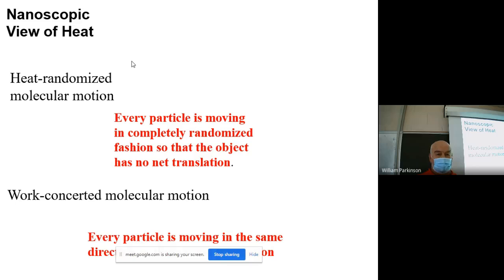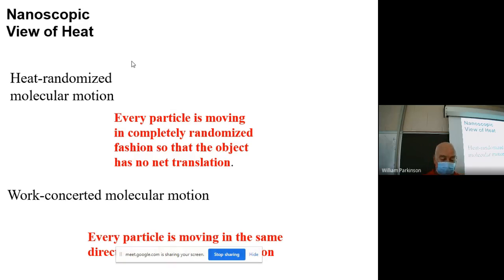If, on the other hand, the energy of motion is deposited in the matter in a fashion so that it generates random motion in the object. And when I mean random, I mean random.